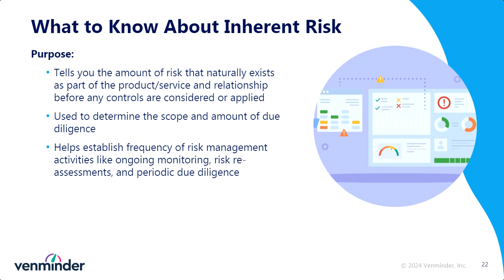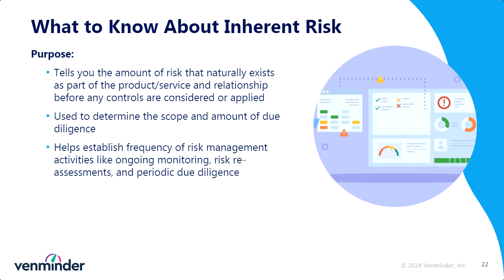The next step is going to be identifying and measuring the inherent risk. This step essentially determines almost all of the other risk management activities you'll be performing, so it's important not to rush through this process and make sure you're being thorough in identifying and quantifying each risk type. The vendor's inherent risk has a really important purpose of telling you the amount of risk that exists naturally in the vendor's product or service.